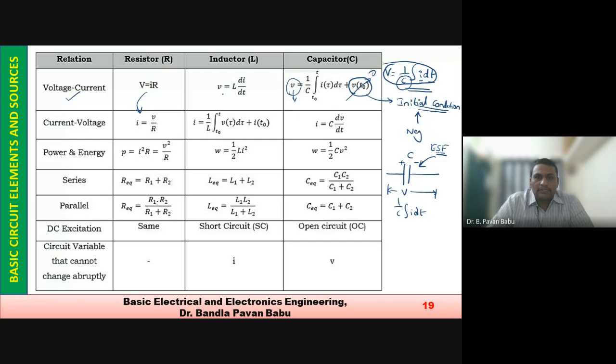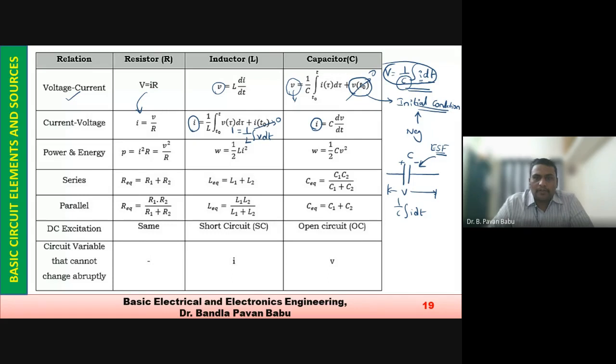And coming to the current through the inductor, in a similar way to the voltage across the capacitor, here I equal to 1 by L integral V dt. Again, neglect these initial conditions.